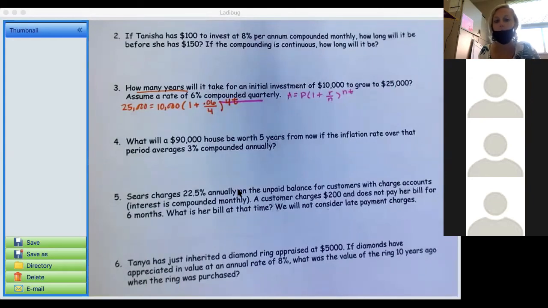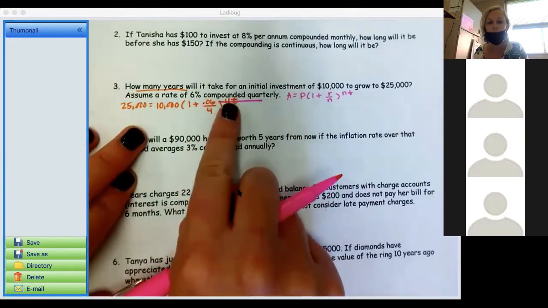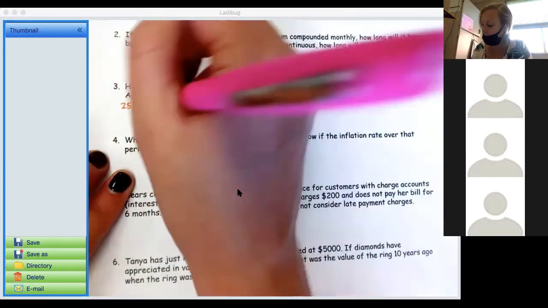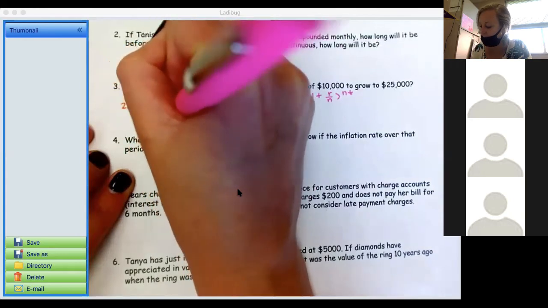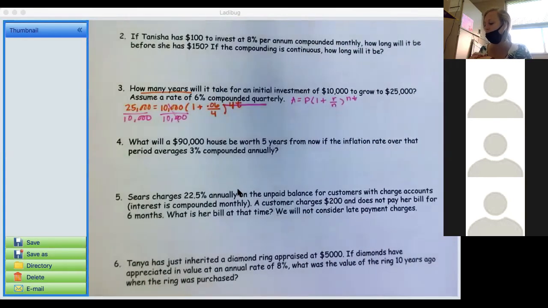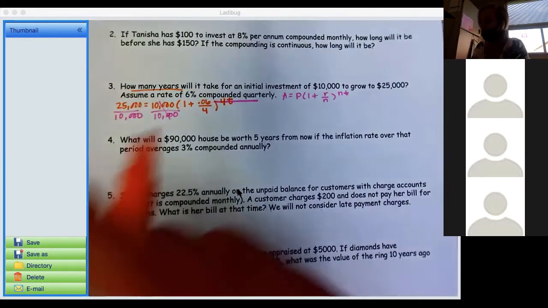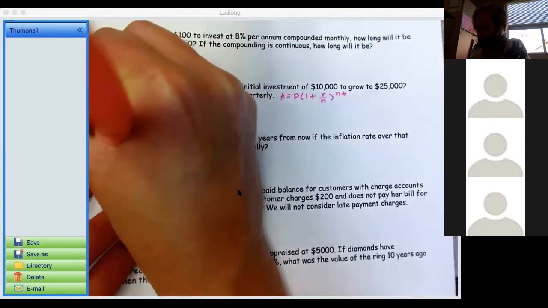Okay. So now, same thing. First thing you would do to be able to get to this part is divide the 10,000. So I'm going to divide 10,000 to the other side. And that should reduce to 5 over 2. If somebody wants to check me, that would be great.